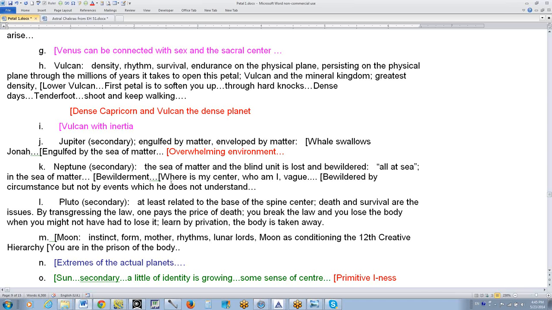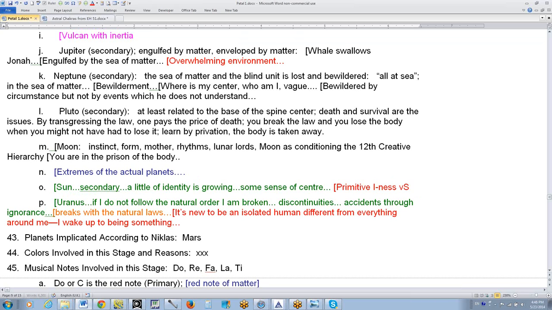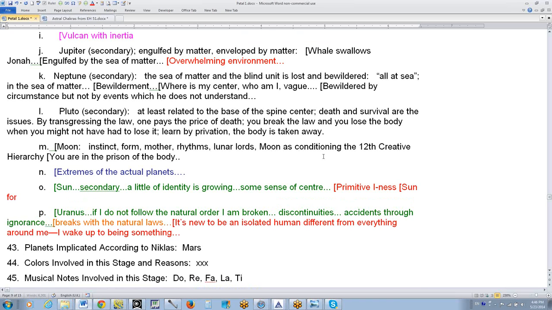So we're dealing with some of the extremes of the planets here. The sun, well, a little of the identity is growing, and some of the sense of center, but maybe we shouldn't call it secondary, because we need sun for primitive vitality, just health, and we can assume that the health of such a being was rude, crude, strong, with abundant prana.